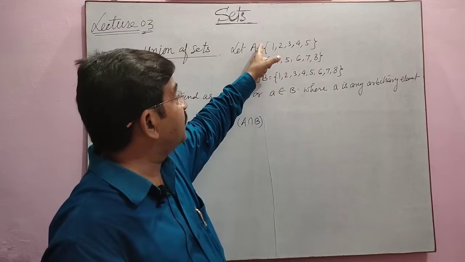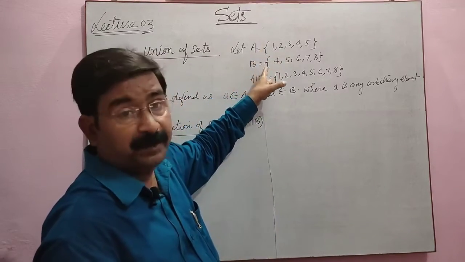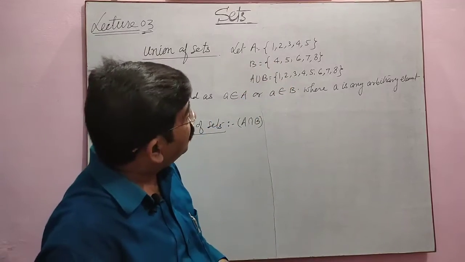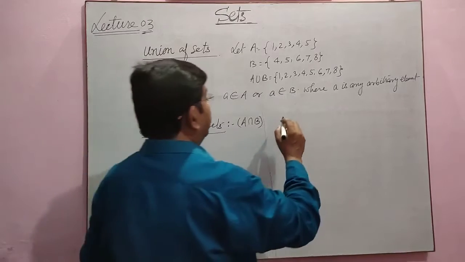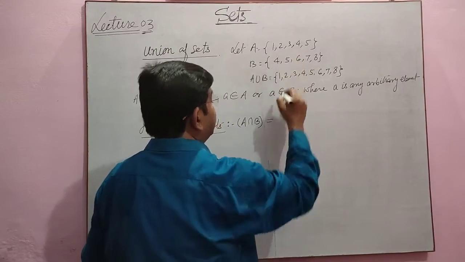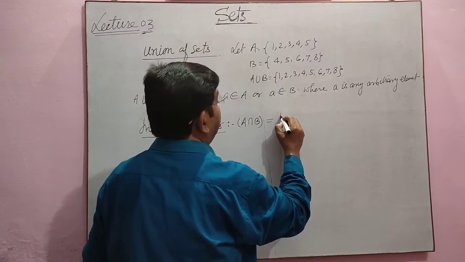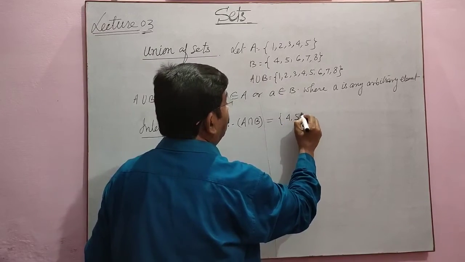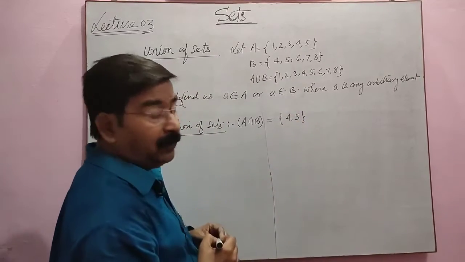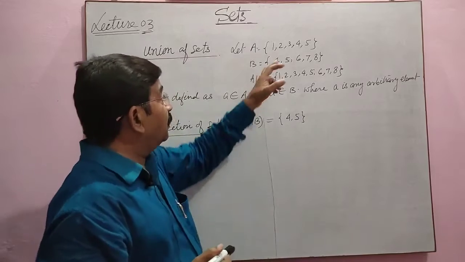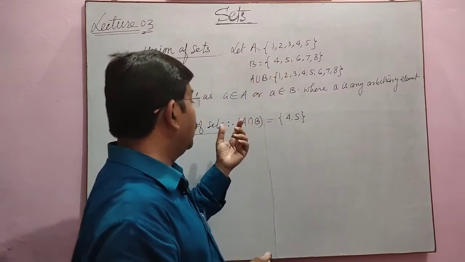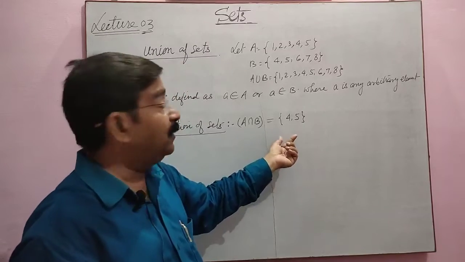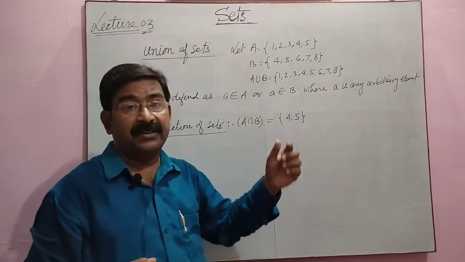As in the example of set A and set B, what are the common elements? A intersection B is 4, 5. 4 and 5 are found both in A and B. These are the common elements. This is called A intersection B.